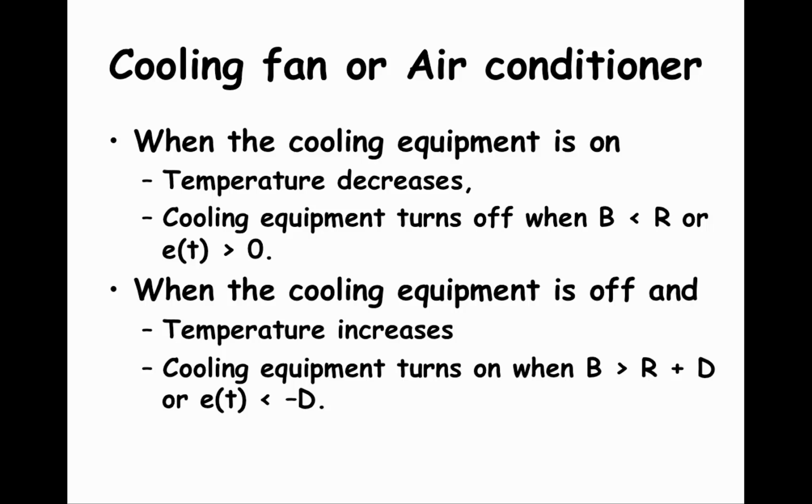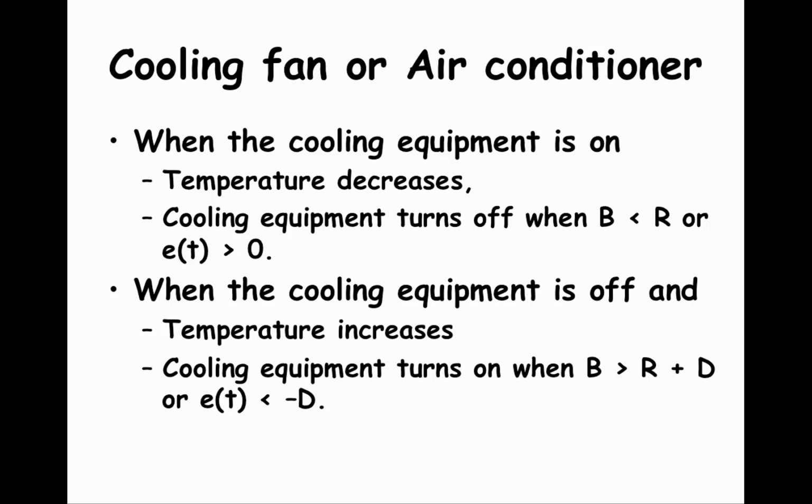So in the cooling fan or air conditioner controlling system, when the cooling fan or air conditioner is on and the temperature is decreasing, the cooling fan or air conditioner turns off when the temperature is smaller than the required temperature, or in terms of error, ET bigger than 0.